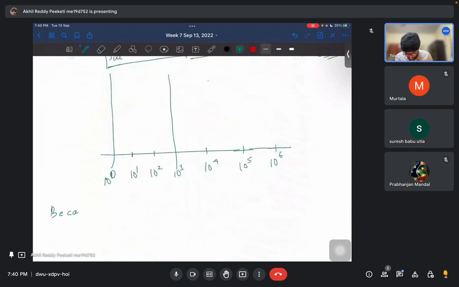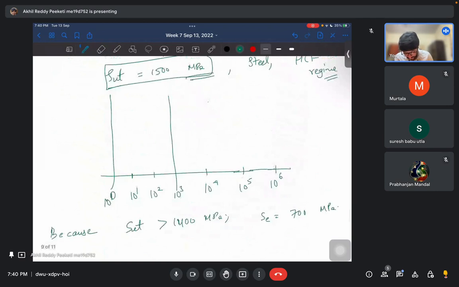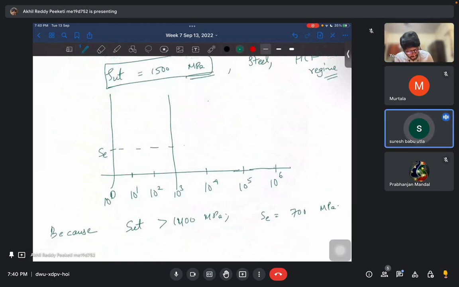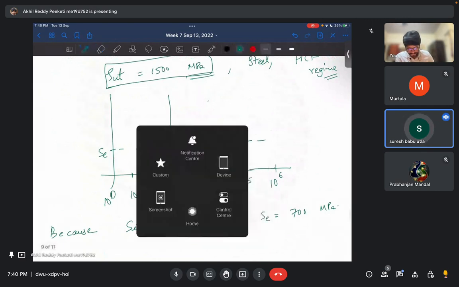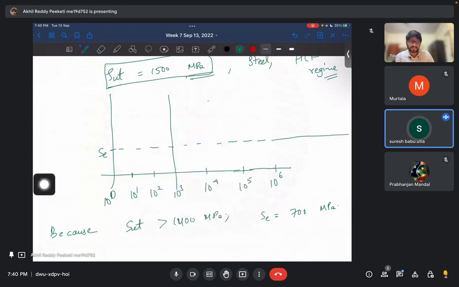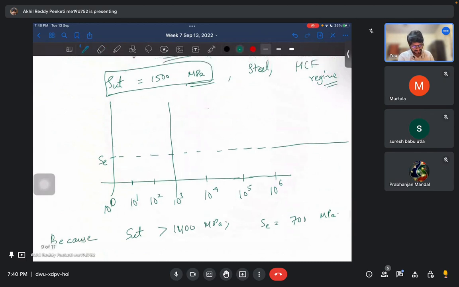Because SUT is greater than 1400 MPa, the endurance strength should only be 700 MPa. So let's call it the endurance limit: 700 MPa.